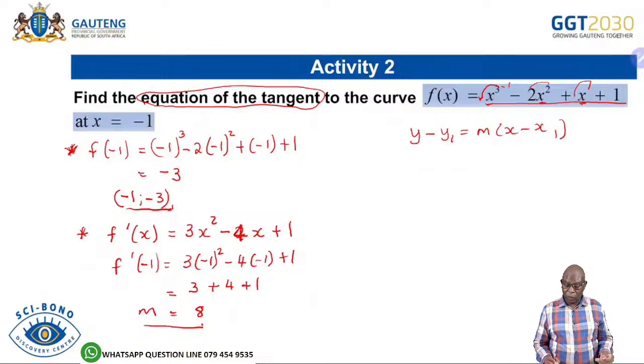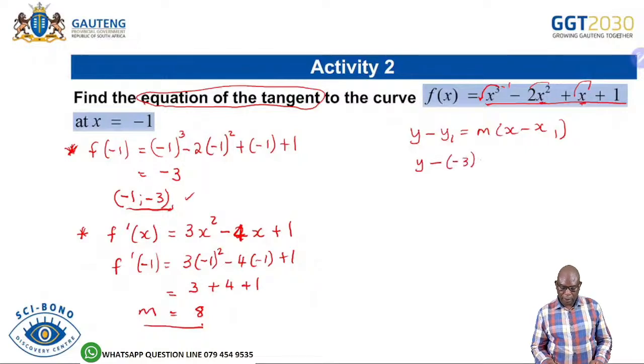So I need to find the equation of the tangent. So I'll have y minus, remember I'm using this point, y minus into minus 3. My gradient is 8. I have x minus into minus 1.